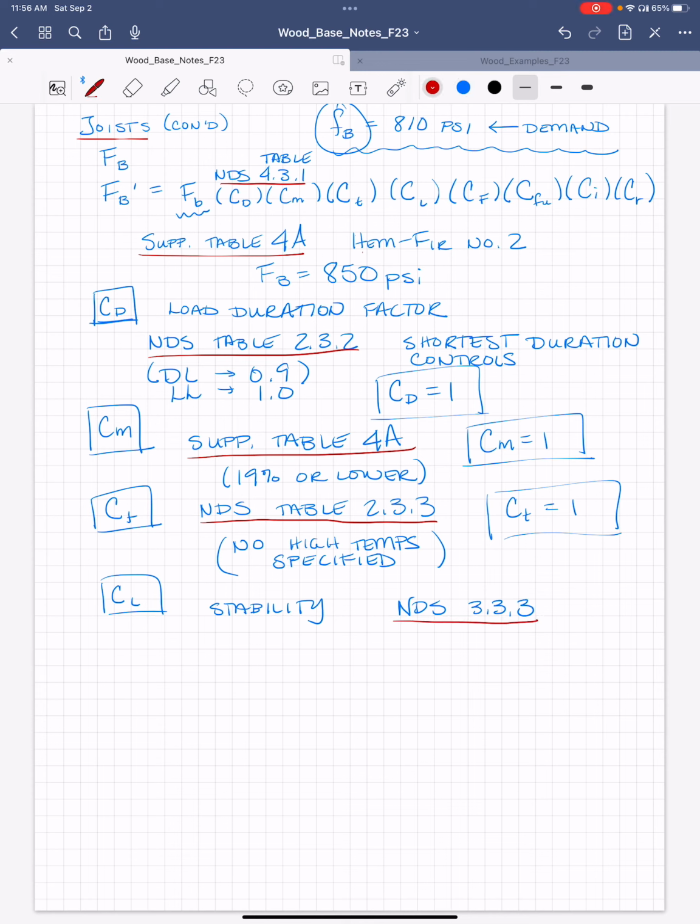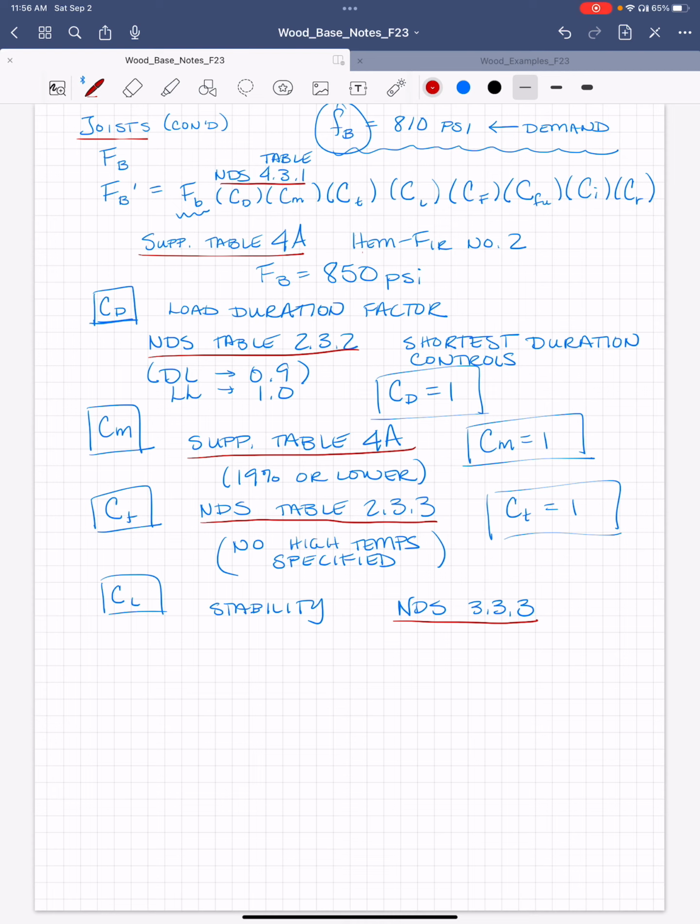And I will tell you that the hard copy I have of my NDS is tabbed with each of the factors, so I can find C sub L or whatever pretty quickly in here. If you have the electronic copy, the full-blown version, you could download it, or you could just keep track of the page numbers so you can get to where you need to go for your homework problems. All right.